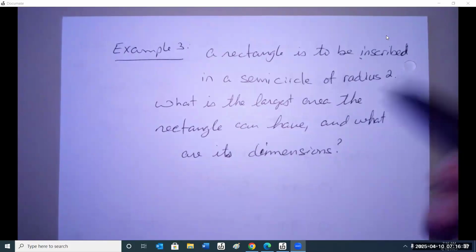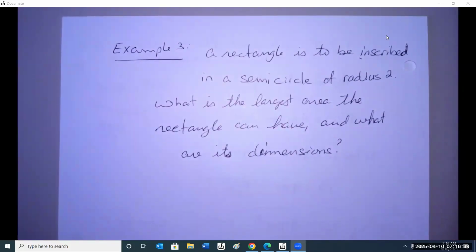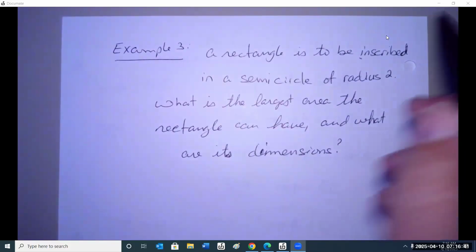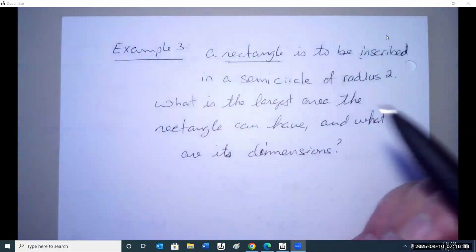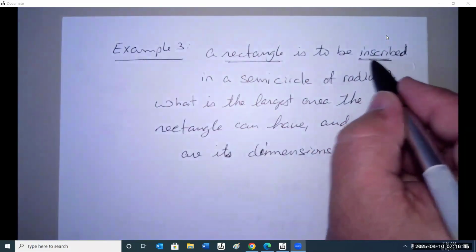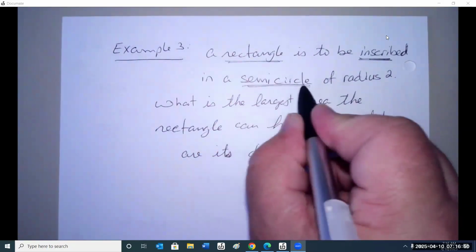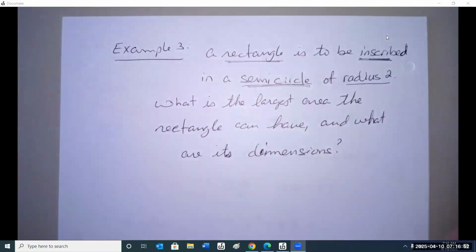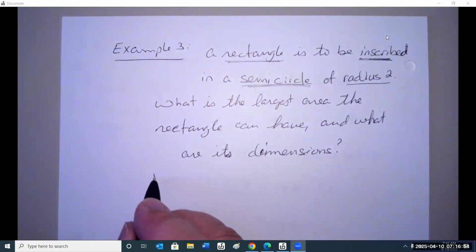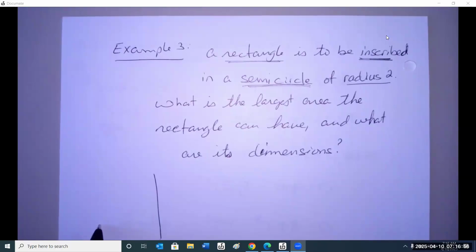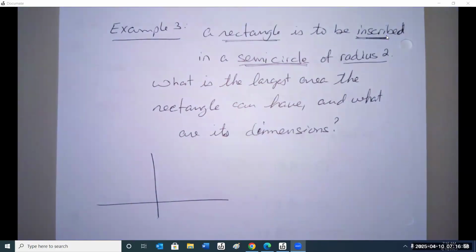All right, so we have some words in here. So let's draw a picture. We have a rectangle inscribed in a semicircle of radius 2. So we have a semicircle.